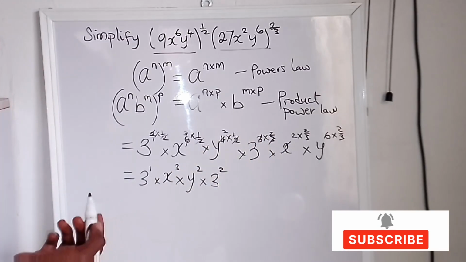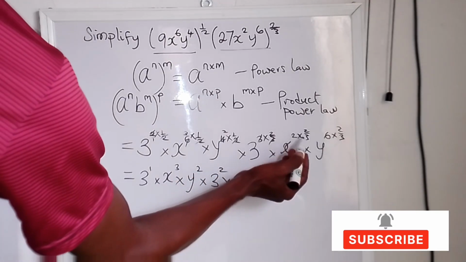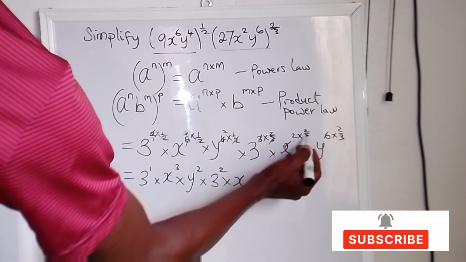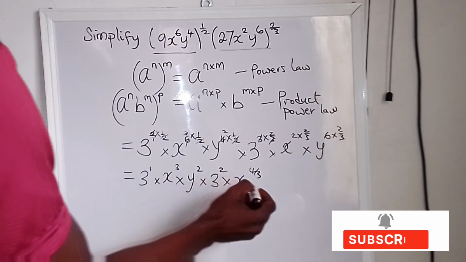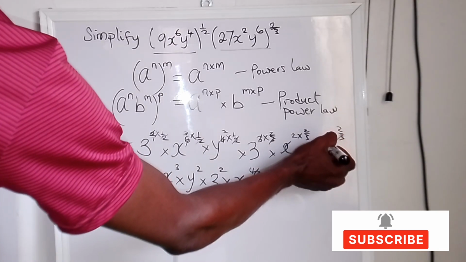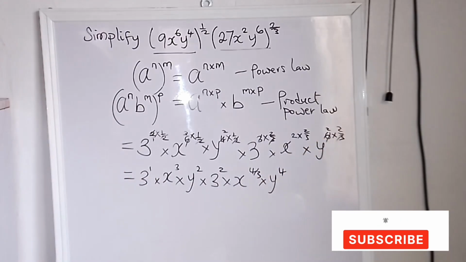Remember, we have 2 left. Then the next part, we have x. 2 cannot cancel for this, therefore we multiply 2 times 2, we have 4 over 3. Finally, we have y. 3 cancels 6, we have 2. So we now have 2 times 2, that's y raised to the power 4.